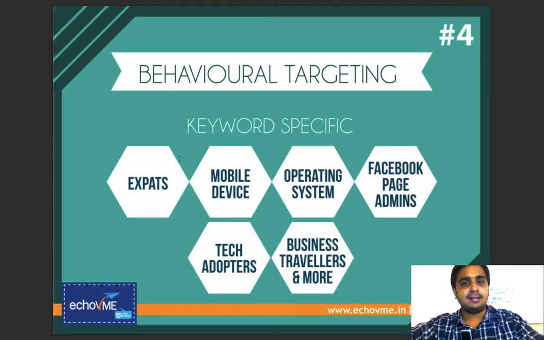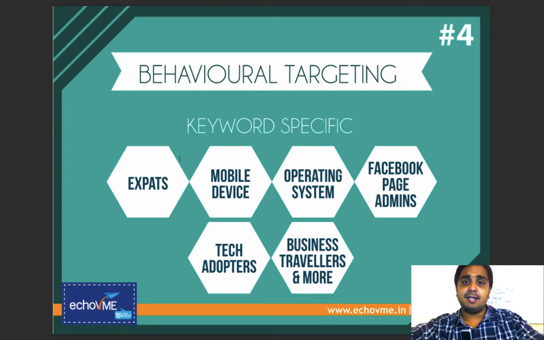So what happens in this case, when you're trying to reach out to people in Chennai in age group 30 to 60 who use iPhones, this immediately brings down to those numbers who are only owning that particular iPhone. So people who own iPhones are more likely to be part of the rich segment or the upper class segment out there. You can also define your audience on the basis of expatriates.